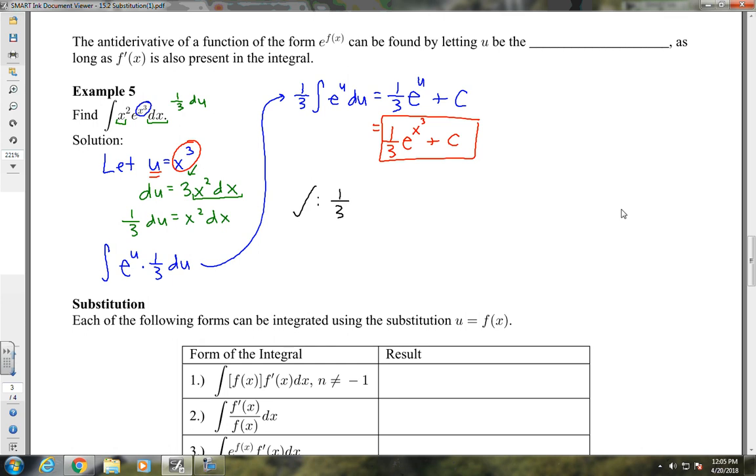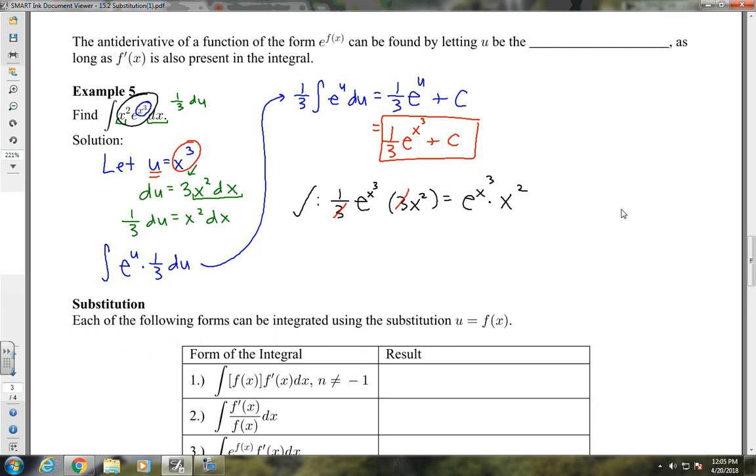Now remember, when we differentiate an e, we make a copy of it just as it appears, and then do what? We multiply by the derivative of the exponent. So when we simplify here, we see that we end up with e to the x cubed times x squared, which is in a different order but equivalent to our original integrand. So our antiderivative is correct.